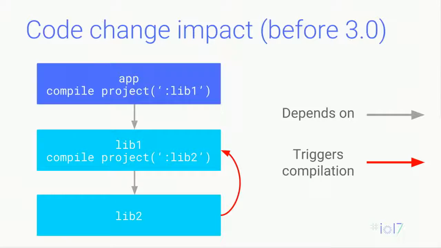So, of course, you need to recompile whoever is using lib2 to make sure that you are not using that method. But it will also retrigger the compilation of app. That's because the compile dependency is transitive. That means that app, which depends on lib1, transitively also depends on lib2, just because lib1 itself was importing lib2. And that's some of the things that are going to change in 3.0.